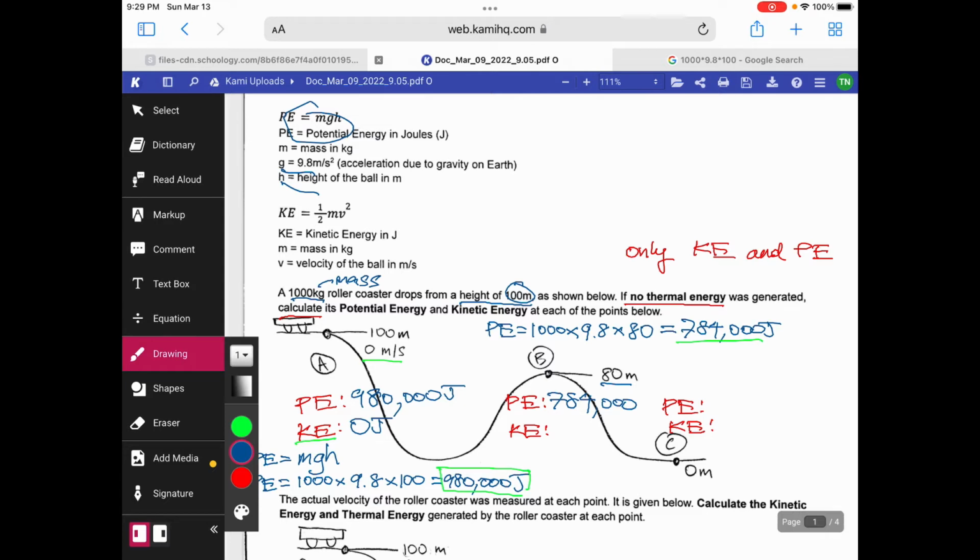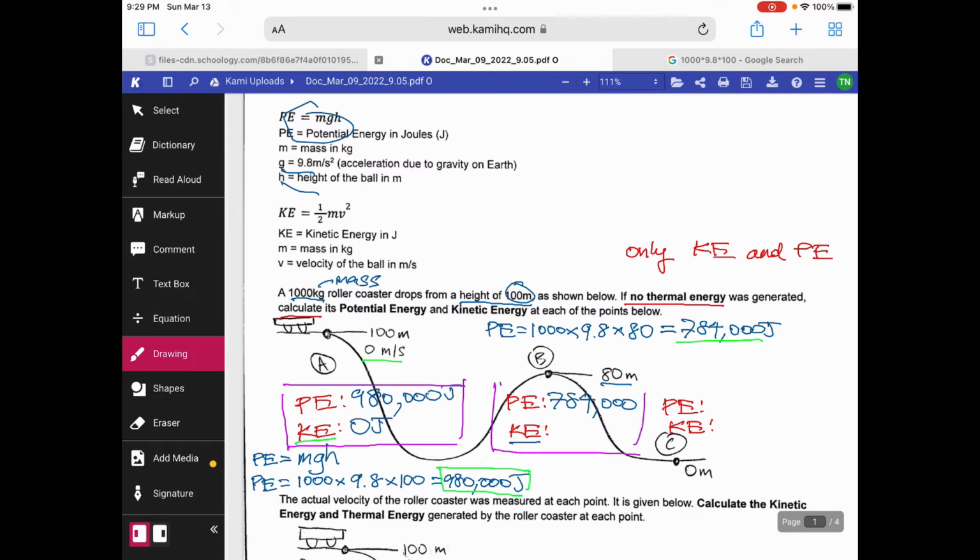All right, so what is its kinetic energy at point B? The very important thing about energy is that the total energy of a system always stays the same. So what that means is that these two numbers added together always stay the same at each point throughout the object's journey.